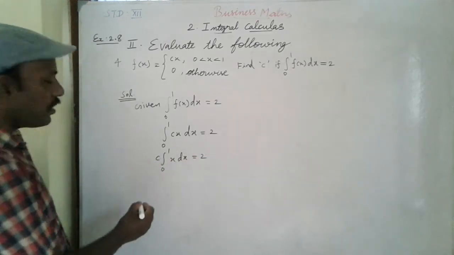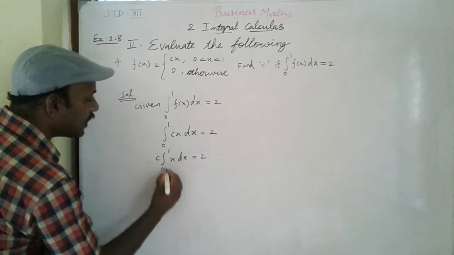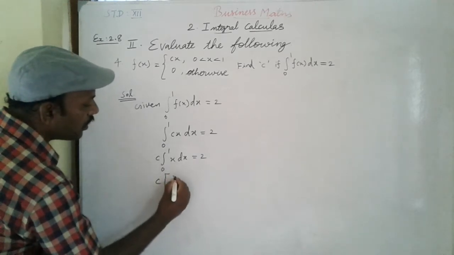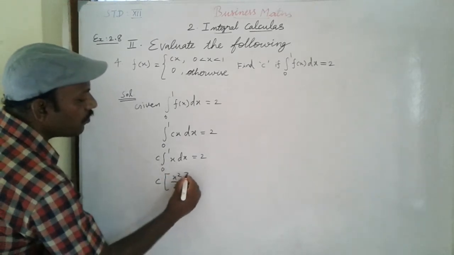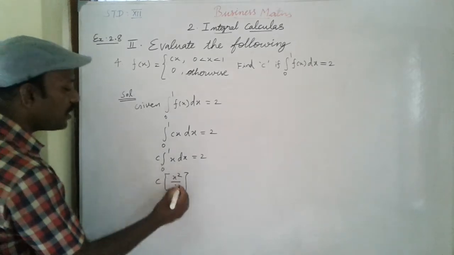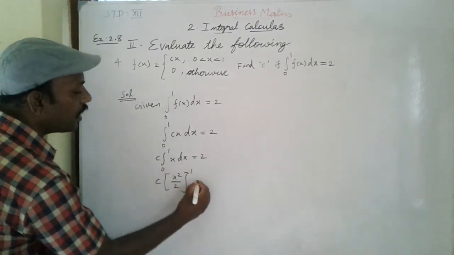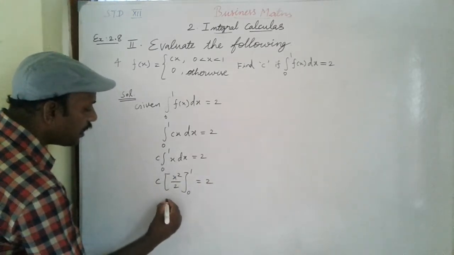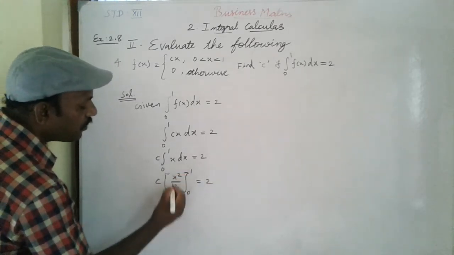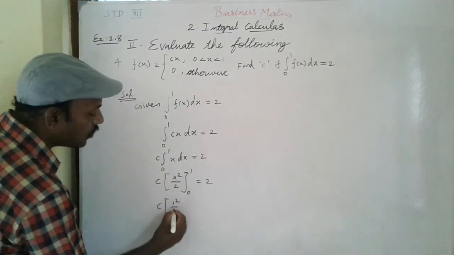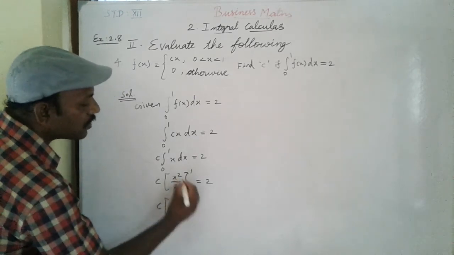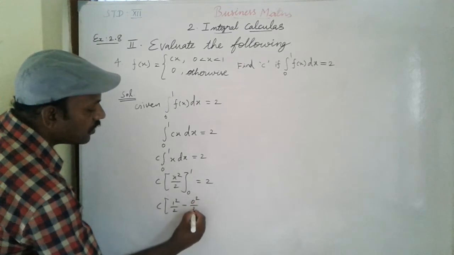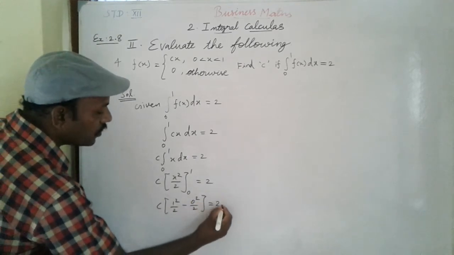Now integrate x, and we get x square divided by 2. Substitute the limit 0 to 1: c into 1 square divided by 2 minus 0 square divided by 2 equals 2.